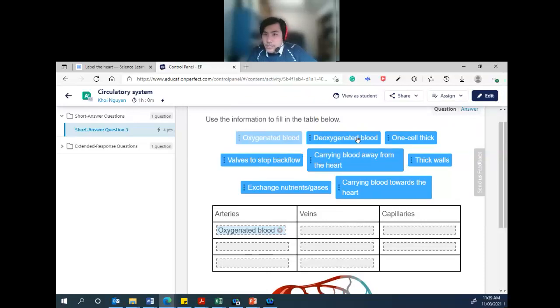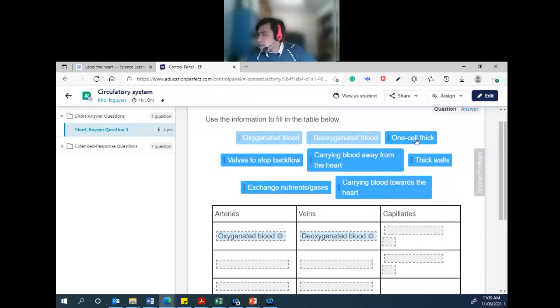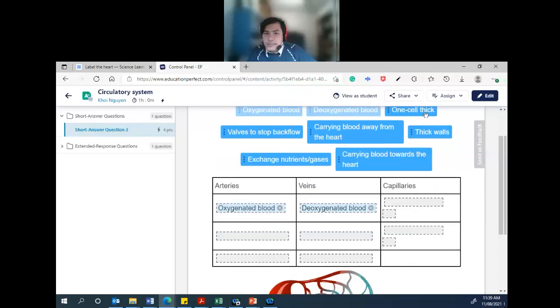So deoxygenated blood. So the blood without any oxygen. We've got the veins. Which one is one cell thick? Capillaries.